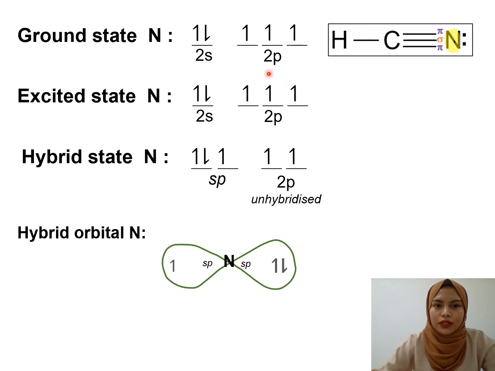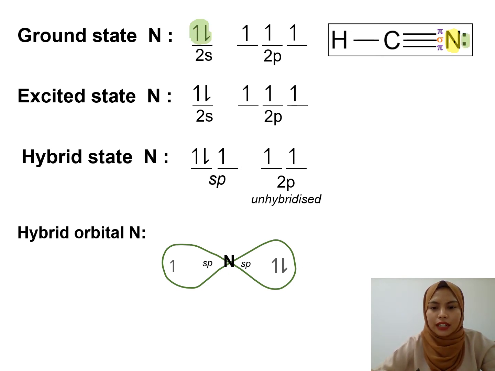Okay, so ground state of N ni adalah valence electron of N kan, since N ni berada pada period yang kedua dan dia ada 5 valence electron. So bila you nak isi the electronic configuration di orbital diagram for nitrogen atom, you kena isi daripada 2s dulu baru 2p. Okay, so sekarang ni memang as what we expected, because we need this sepasang elektron ni, kita perlukan dia sebagai lone pair.